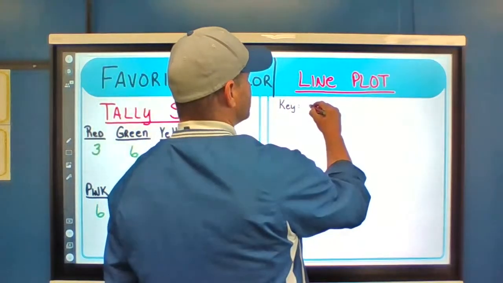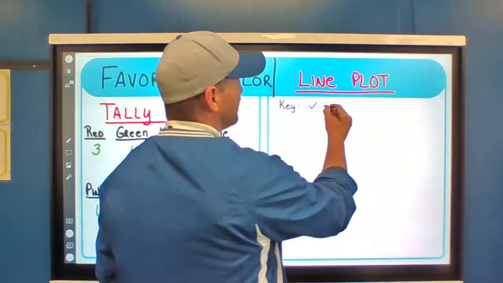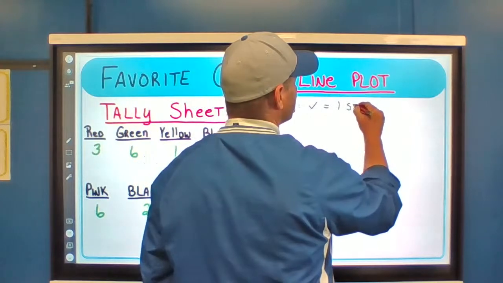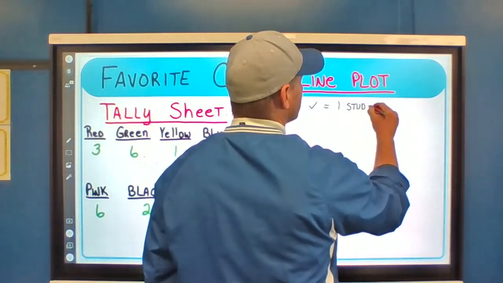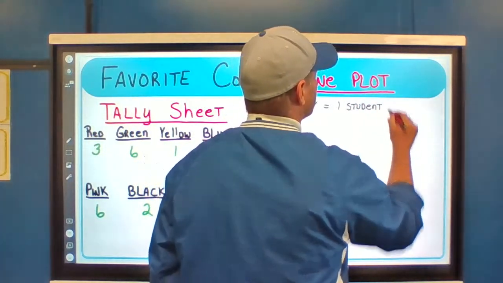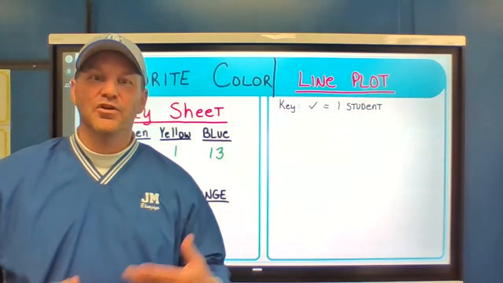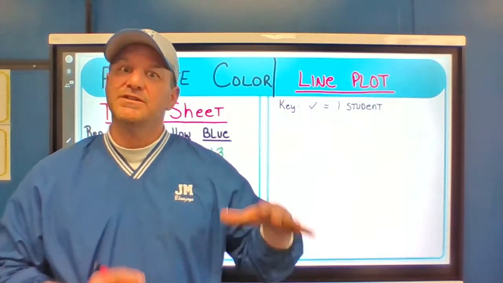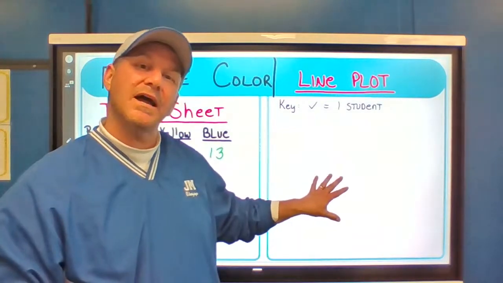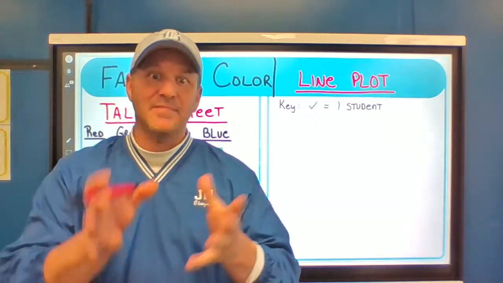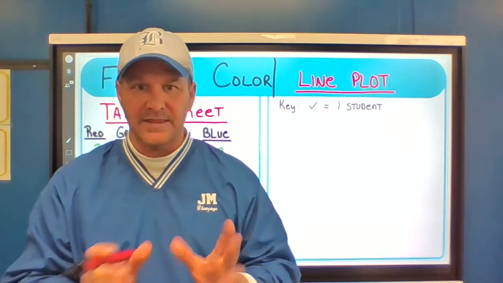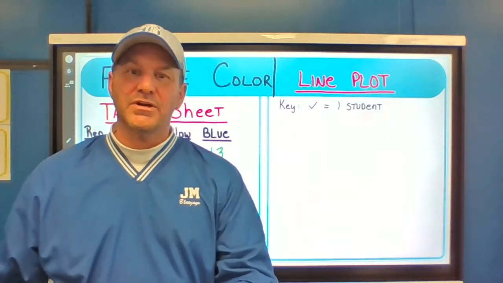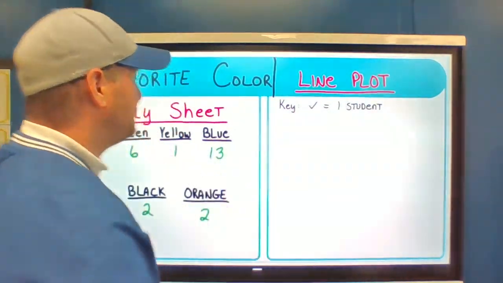Wherever you see a check mark, that is going to equal 1 student. Your key is kind of like your variable in an equation. It can be anything you want it to be, as long as you make sure that in your line plot, it's created the same sizes, everything like that. So in this case, for every check mark you see, that equals 1 student.